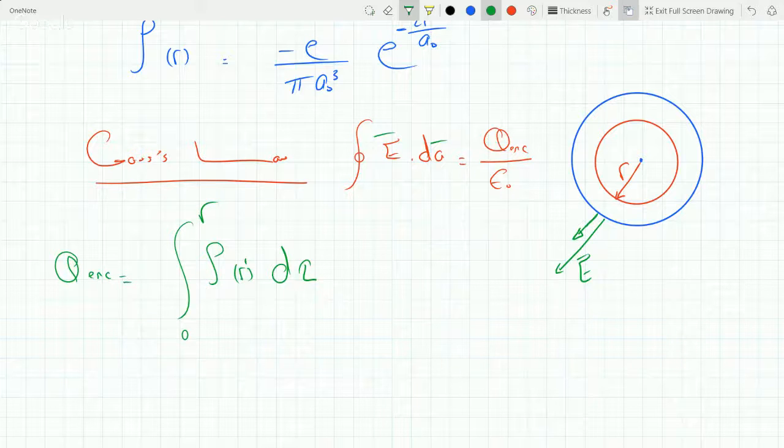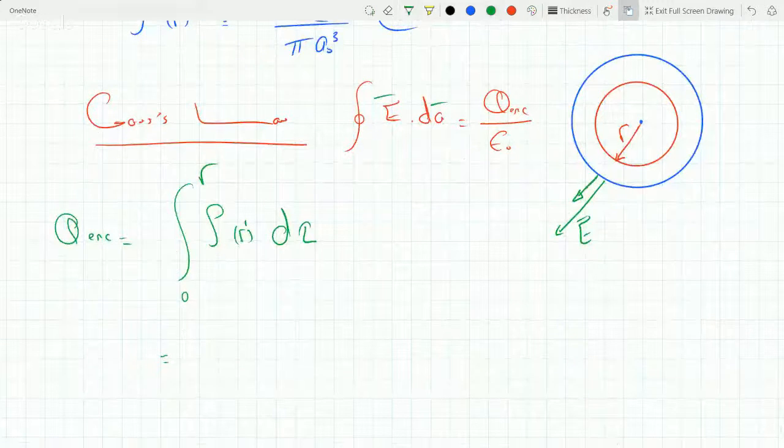Let's call this R prime, our dummy variable of integration. I will not repeat the d tau integral. We know that d tau is sine theta d theta, that will give us 2, d phi will give us 2 pi. This is a spherical volume.